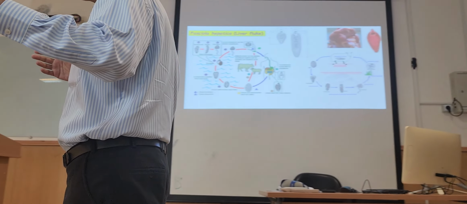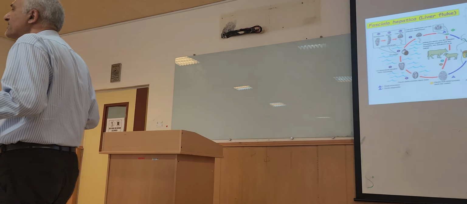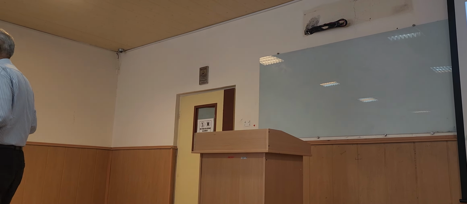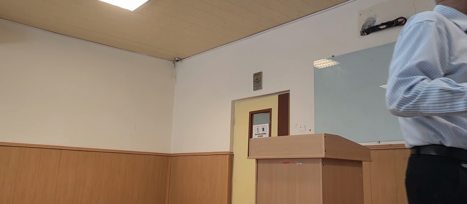Washing the vegetables is not so useful, not so effective. You have to avoid eating raw vegetables in places that are highlighted in the picture of fascioliasis. Anyhow, this is very important.